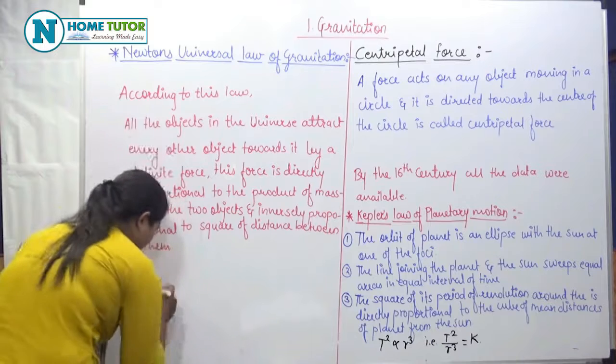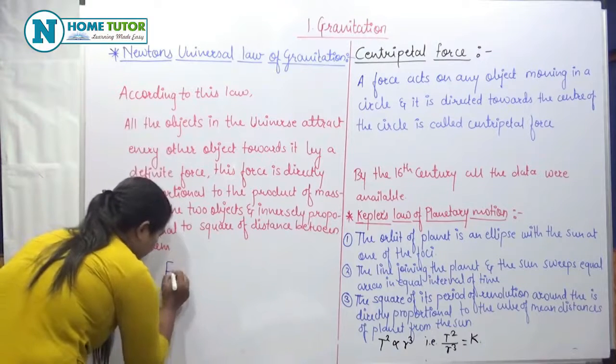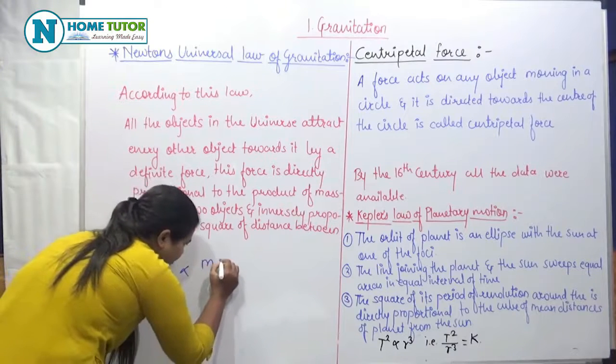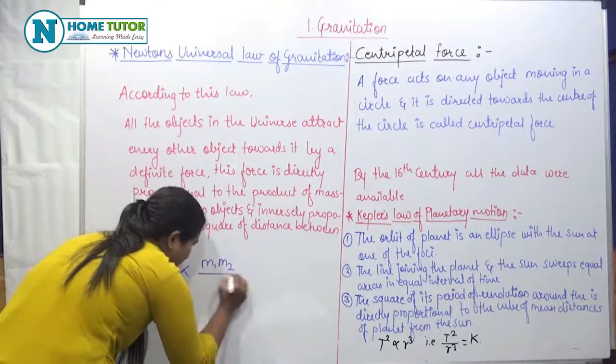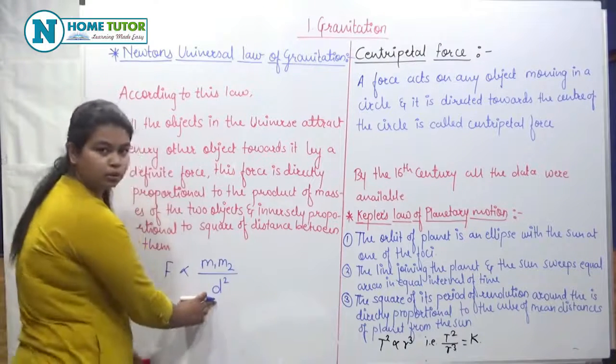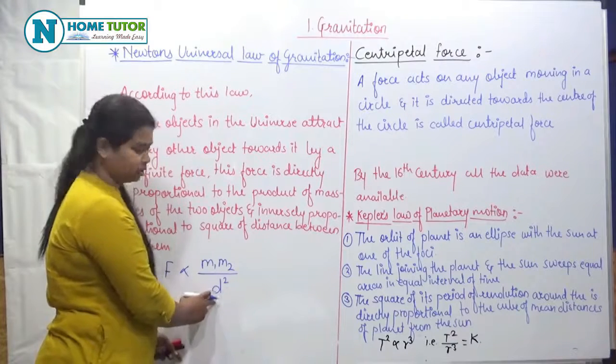So the formula we can write here is F is directly proportional to m1 m2, and it is inversely proportional to the distance between these two, and that's why I have written it here in the denominator.